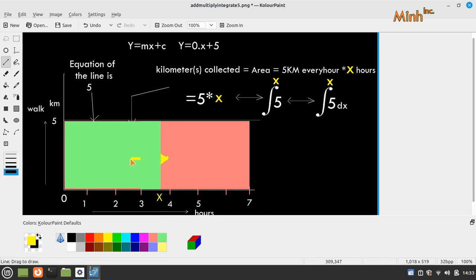Now this is growing always. The way we have drawn, this is growing. So X is shifting from one place to another place.